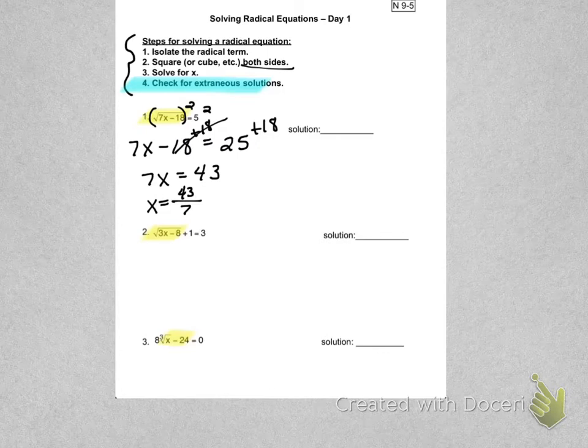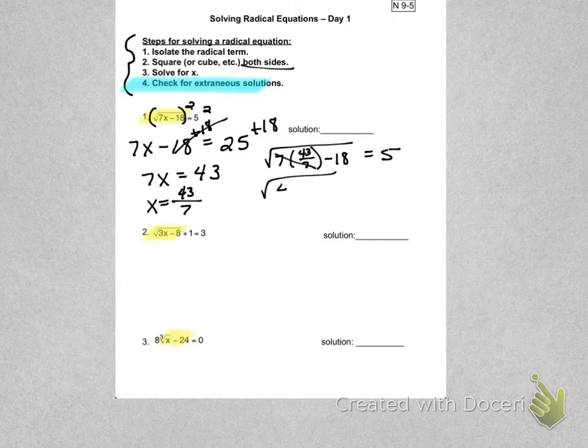Okay, so now we check. You have the square root of 7 times 43 sevenths minus 18, and does that equal 5? This becomes just 43.